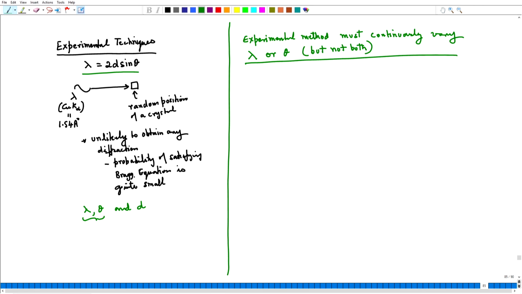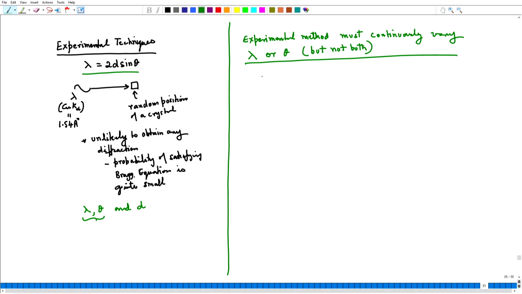If I vary both lambda and theta, I would get a pattern. If I get a pattern at all, it would be impossible to analyze that pattern. So, either I can vary lambda keeping theta fixed with different HKL planes of the incident beam, or I can fix lambda, that means I am using monochromatic X-ray radiation and vary theta.